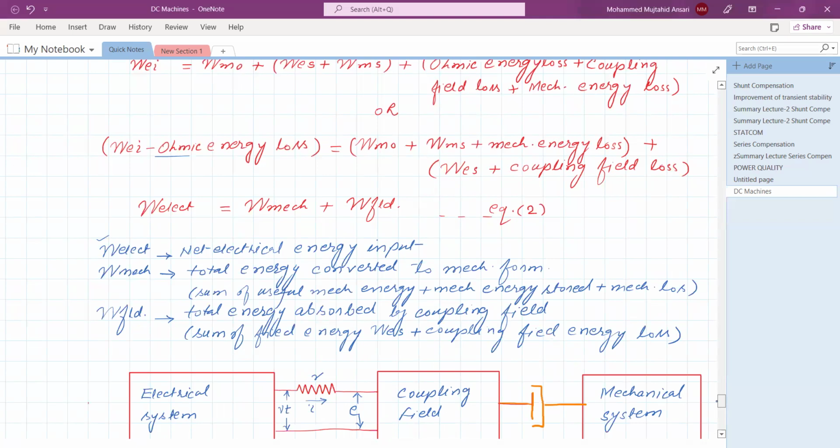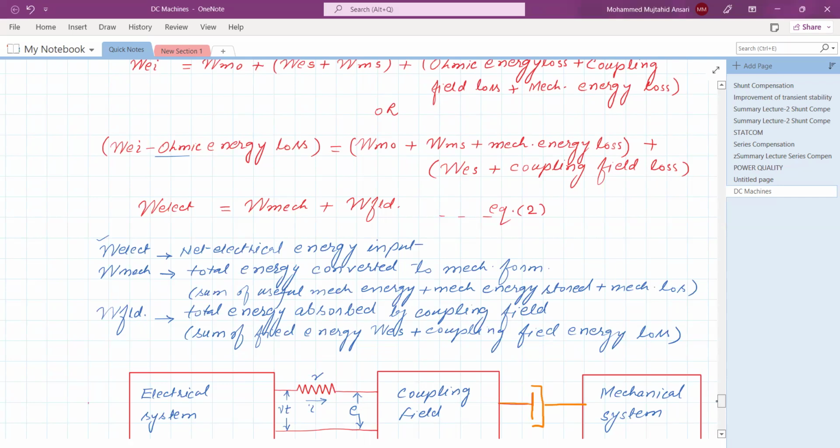W mechanical is the total energy converted into the mechanical form, meaning gross mechanical energy conversion. The gross mechanical energy conversion is the sum of useful energy which is going to be used on the shaft of the motor or shaft of the generator. So it is the sum of useful mechanical energy plus mechanical energy stored and mechanical losses.